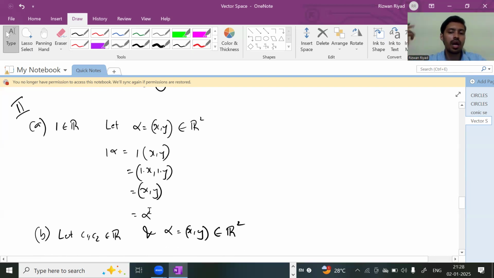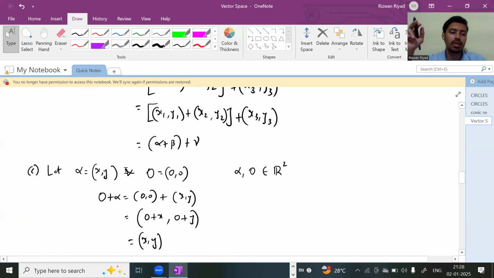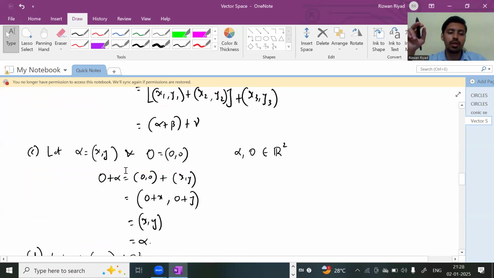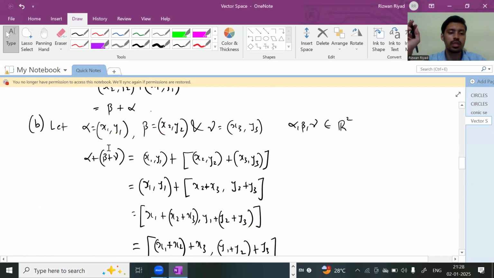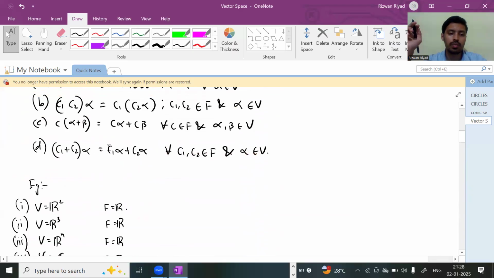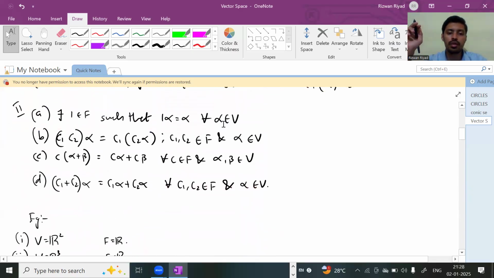Similarly, alpha into 1 is also alpha. So that property is also satisfied here. We have a 1, and if you multiply it with any element in our vector space R square, you will get the same element itself.